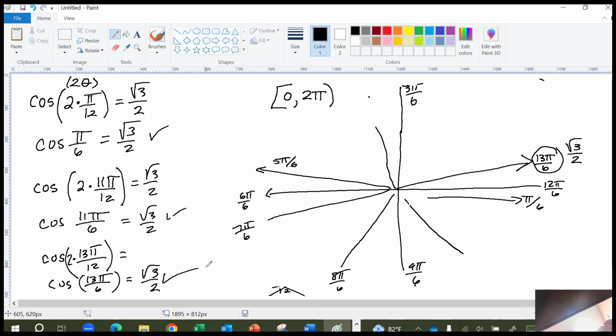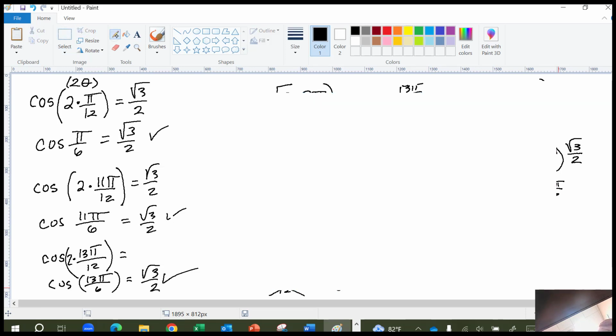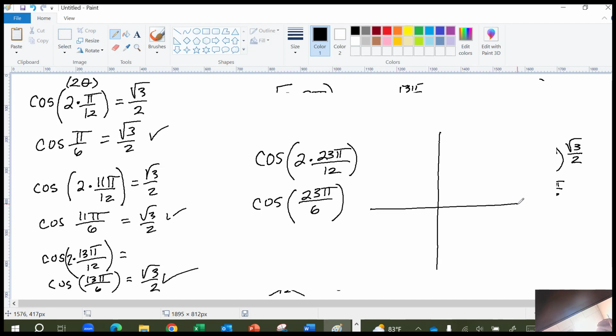Right? And then the last one, 23 pi over 12. Okay. Remember, again, it's not the cosine of 23 pi over 12. It's the cosine of twice 23 pi over 12. Well, that's the cosine of 23 pi over 6. All right? Now think about your evens and odds of pi. You've got odd here and even here, okay?